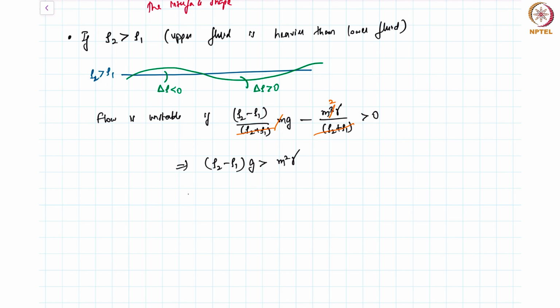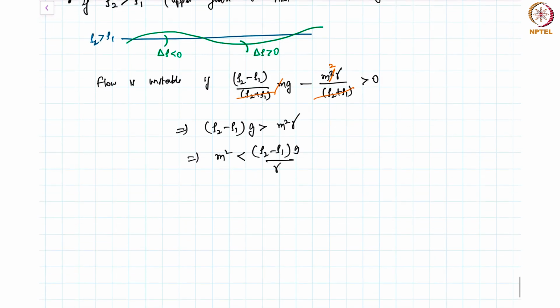You can also look at it in another way. If the quantity m squared is lower than (rho 2 minus rho 1) g by gamma, then m is less than this quantity.